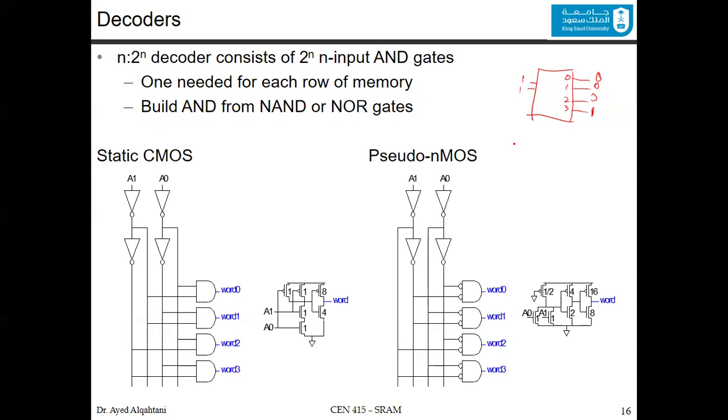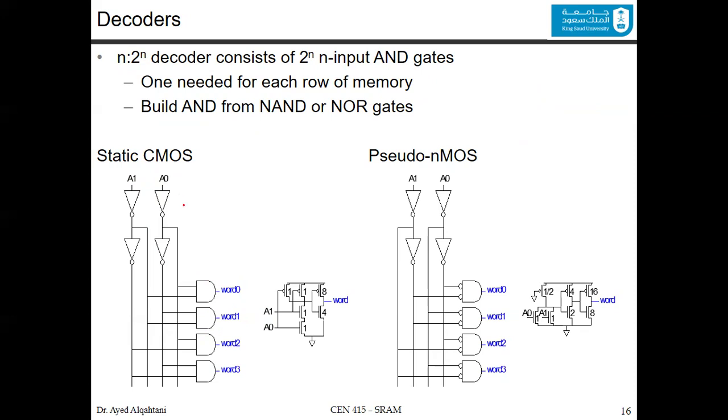That's the decoder. Now, an n to 2 to the power of n decoder consists of 2 to the power of n AND gates. So it's basically A0 and A1 representing the address, and you have n AND gates. Since you have 2 inputs, the output should be 2 to the power of 2, which is 4, and you have 4 AND gates.